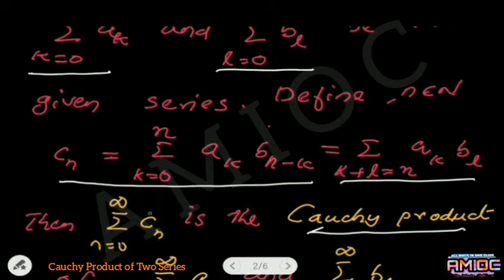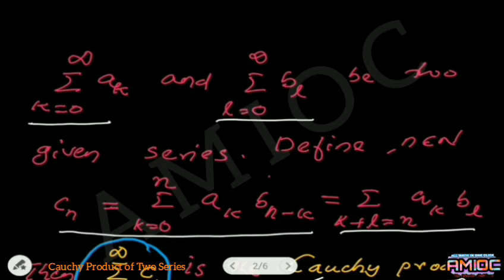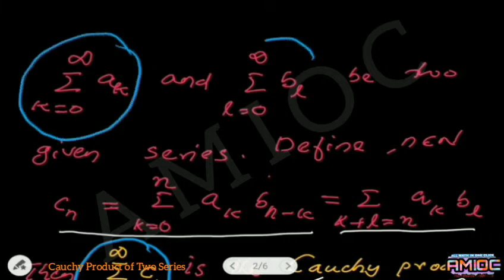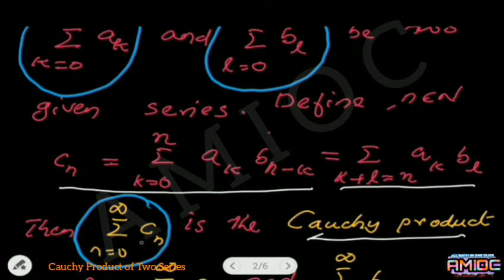We want to discuss the convergence of this series summation n equal to 0 to infinity C_n, which is the Cauchy product of summation k equal to 0 to infinity a_k and summation l equal to 0 to infinity b_l. If we know the convergence of the two given series, we can discuss the convergence of the new series formed by taking the product in this format.